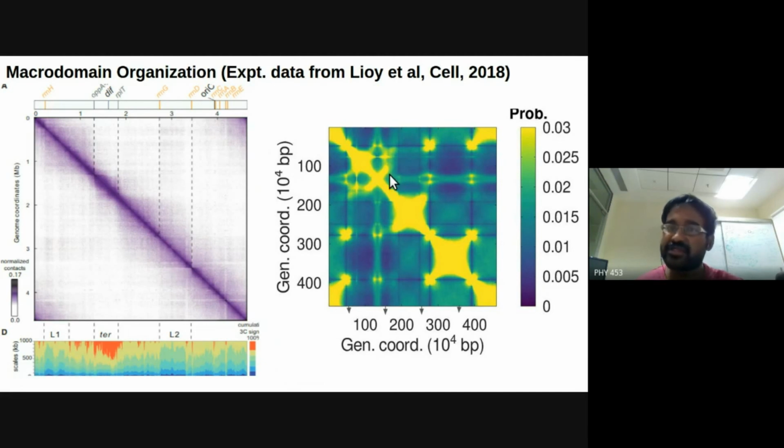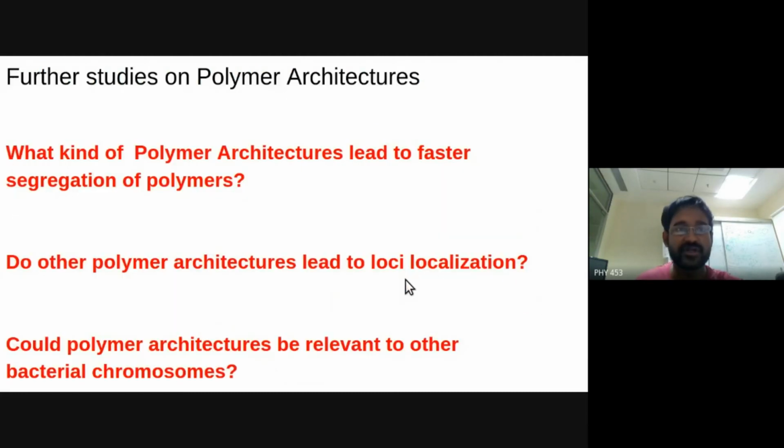We find that in a simulated contact map shown on the right, we have similar bright patches of roughly 1 megabase pair size, and therefore we say that we have recovered the so-called macrodomain organization of the E. coli chromosome. However, there are still further questions like what kind of polymer architectures lead to faster segregation? Could other polymer architectures lead to localization of loci? And could other polymer architectures be relevant to other bacterial chromosomes?